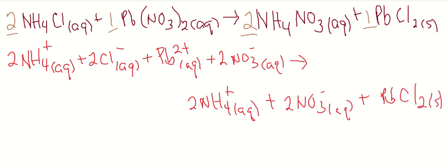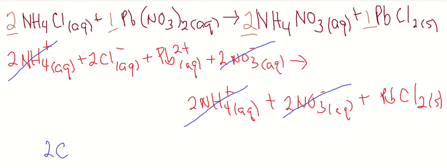Now we're going to look on both sides and see which of these appear on both sides. These are called spectators. They're not involved in the reaction, so we're going to cross these spectators out and rewrite whatever is left, and that's going to be our net ionic equation. So what do we have left?